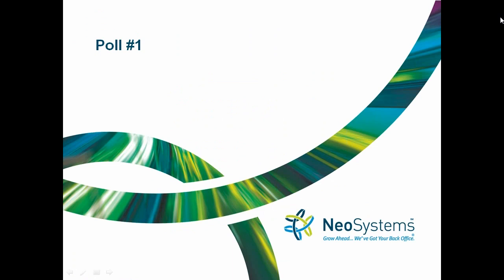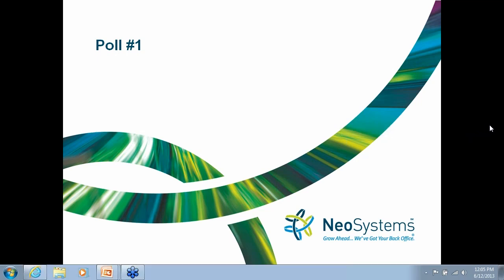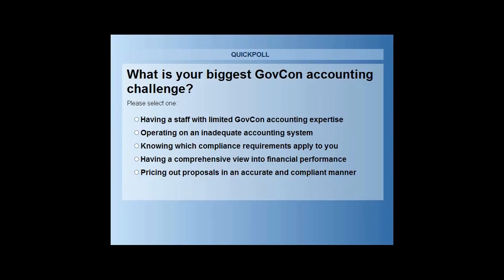And what we really want to find out today is what is the biggest GovCon accounting challenge that you have. GovCon accounting is definitely a very niche skill to have. So is it having a staff with limited GovCon accounting expertise? Or are you operating on an inadequate accounting system like QuickBooks or Peachtree, and is that keeping you back from really getting the full financial picture?